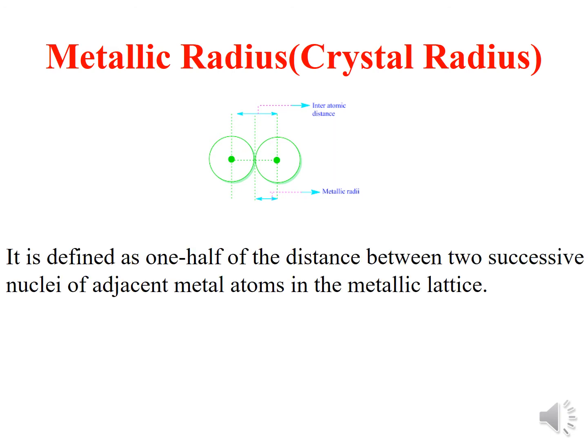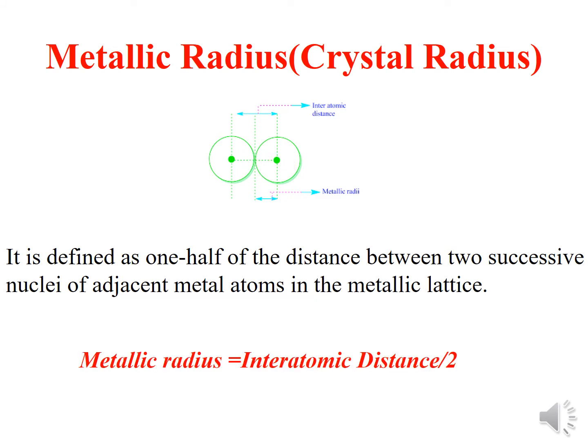So metallic radius is defined as one half of the distance between two successive nuclei of adjacent metal atoms in a metallic crystal. This is also known as crystal radius.